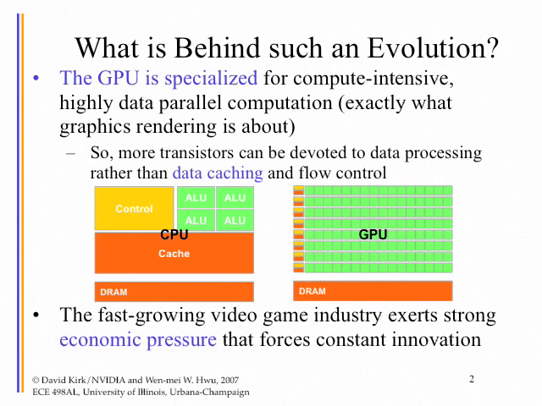So there are two very important differences in the CPU and GPU design philosophy that you need to keep in mind as you look at some of the lectures that we're going to be covering in the next several lectures. The GPU is really specialized for compute-intensive, highly data parallel computation.